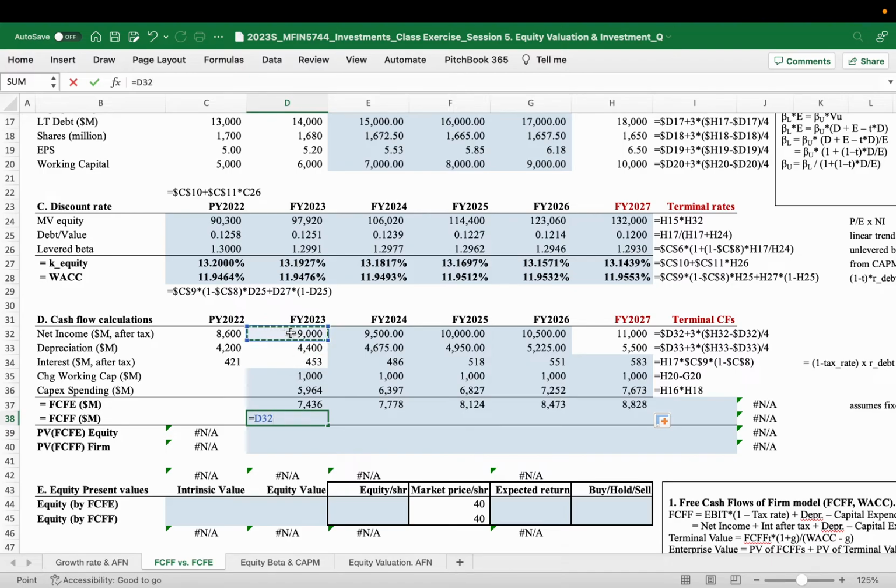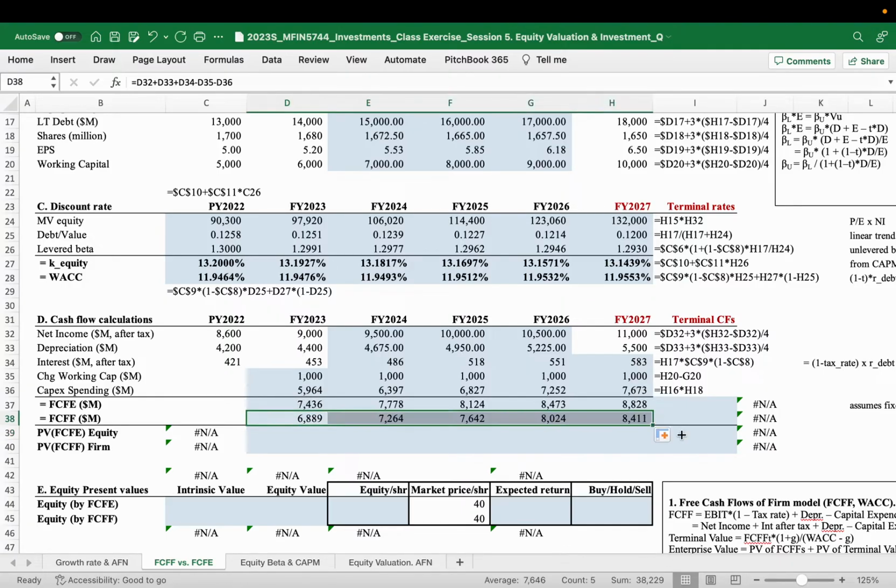So net income plus the depreciation add-back, because depreciation is a non-cash outflow, but we counted it in the net income. That's why you need to add it back. And the interest after tax, and minus the changes in working capital. When working capital assets increase, current assets greater than current liabilities, that is cash out. Minus the capital spending. So now we have this cash flow of the firm.